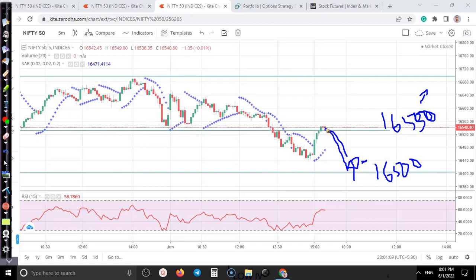If price opens with a gap down a little more, definitely we will sell, and our target will be here. Our target is confirmed by RSI. Like here we saw a sell opportunity, and we booked our profit somewhere here, because it's near about the 25 RSI zone.